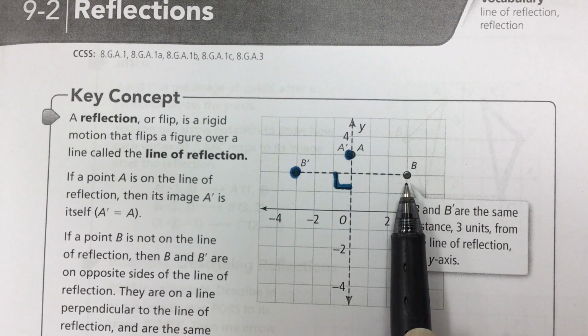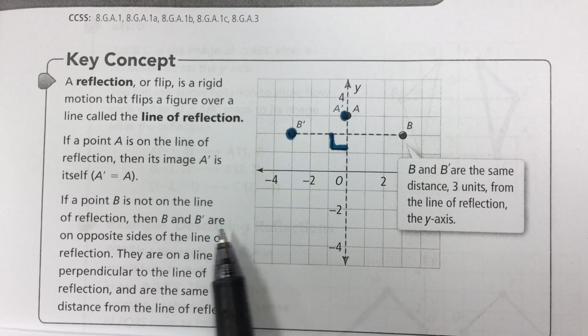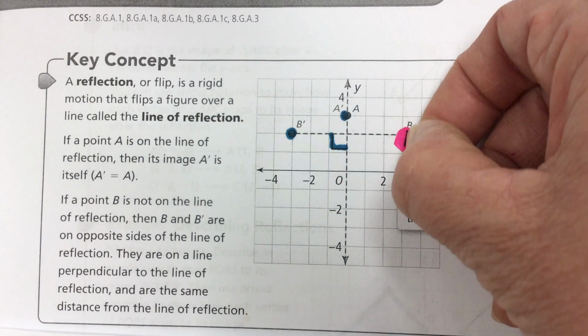Let's look at point B. It says if a point B is not on the line of reflection, then B and B prime are on opposite sides of the line of reflection. So let's look at this same example.